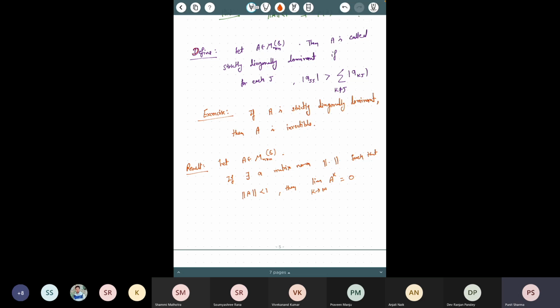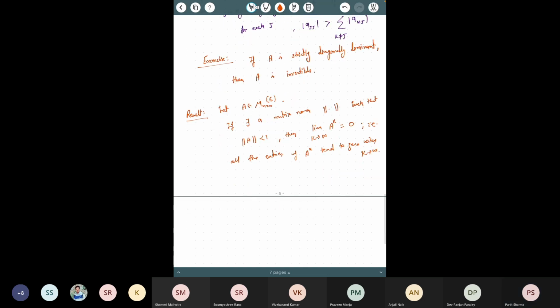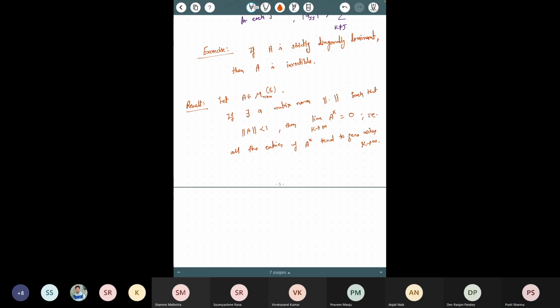So this result gives you a way to say that the entries of A to the power k are going towards 0.